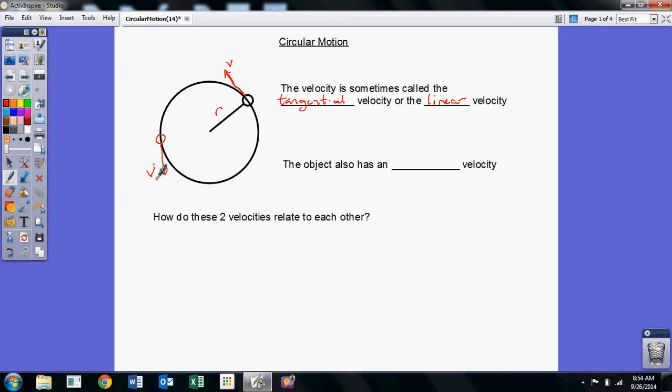But I also want to bring up something that you may not have discussed before, and that's the fact that this is going to sweep out an area here. As it goes around the circle, you can imagine the radius sweeping out an angle, and so sometimes we talk about the angular velocity.